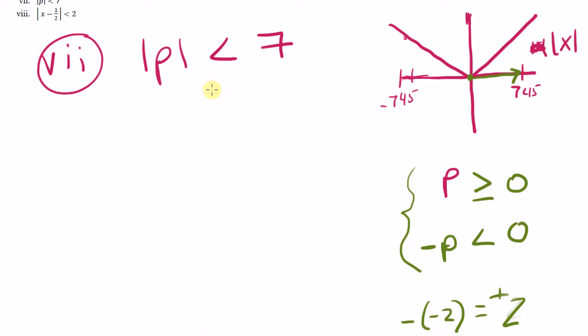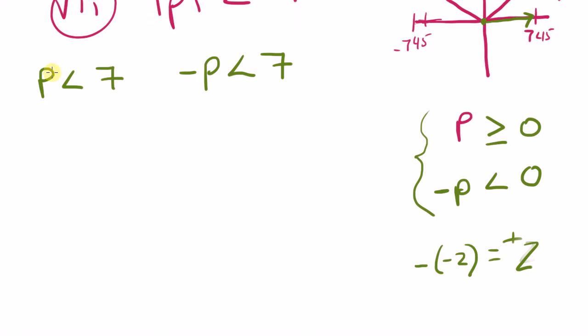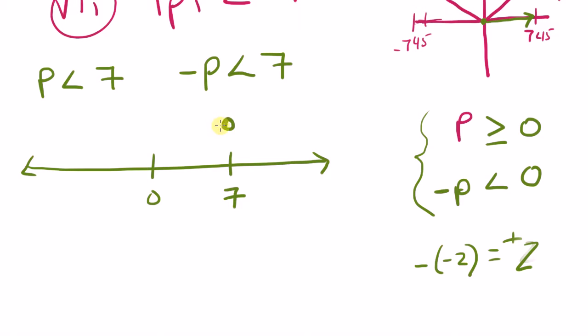Okay, so what we're going to do is solve this inequality. And we're going to write it over here as two cases. So p is less than 7, and negative p is less than 7. So here we go. So p has to be less than 7. So this is 0, this is 7, and it has to be less than 7.